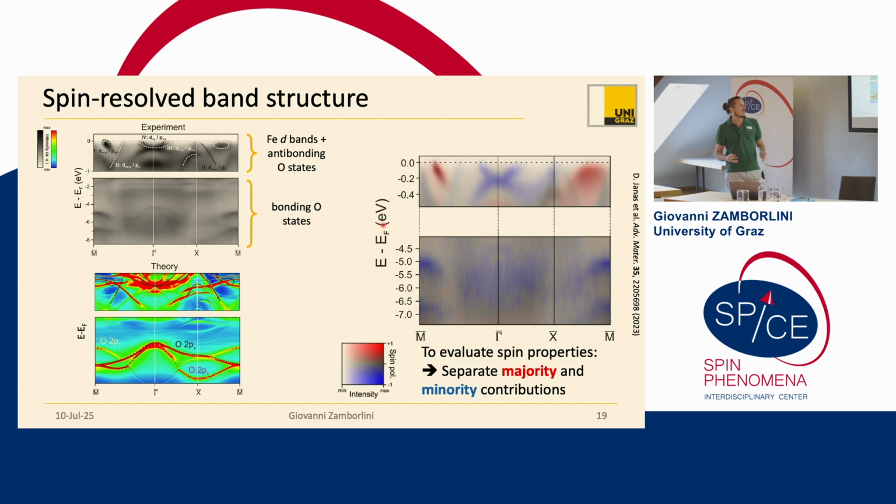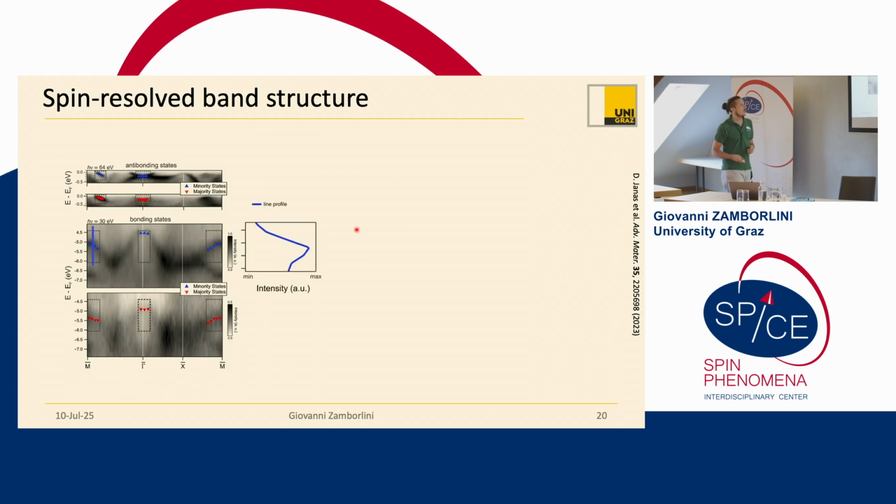But with the technique, this map is actually already data processed, and you can disentangle the majority and minority contributions and plot them separately. In blue we have the minority states, in red the majority. Those are the same energy window, just for one spin contribution each.